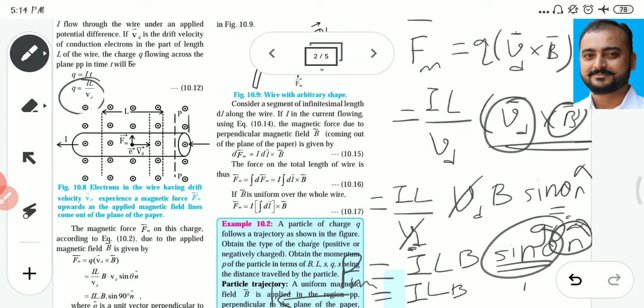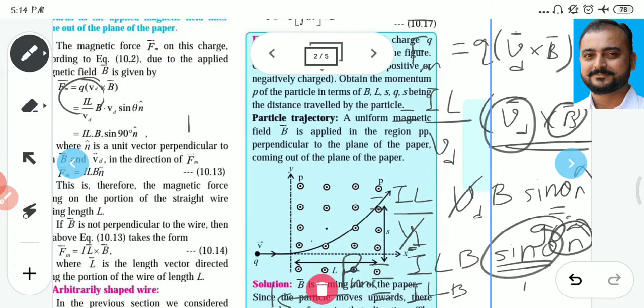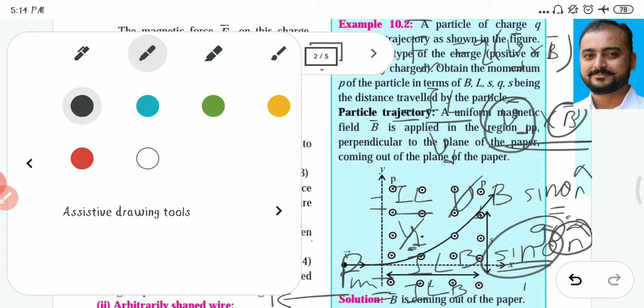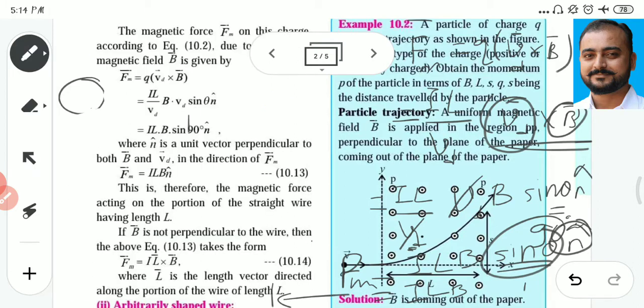So in this manner we get a relation: Fm is equal to I into L into B. You can see this relation here. So Fm bar is equal to I L B n cap.